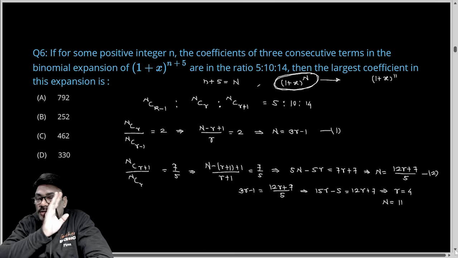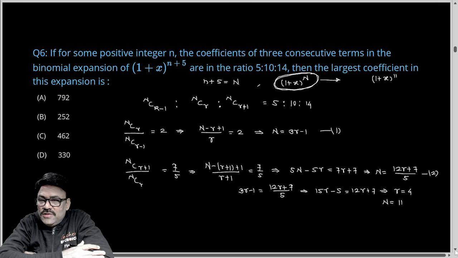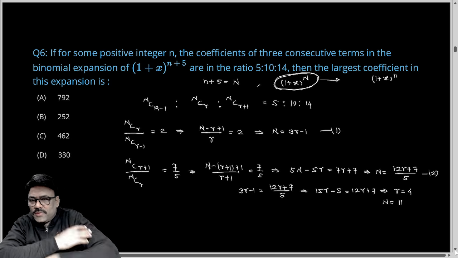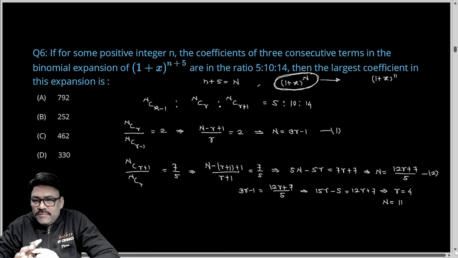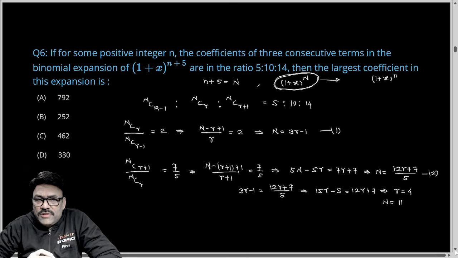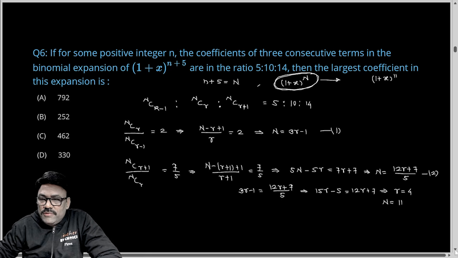When you write from 11C0 till 11C11, total 12 terms are there. So in the middle, you will get 11C5 and 11C6. Both will give you the same value. Whether you take 11C5 or 11C6, both will be the same.